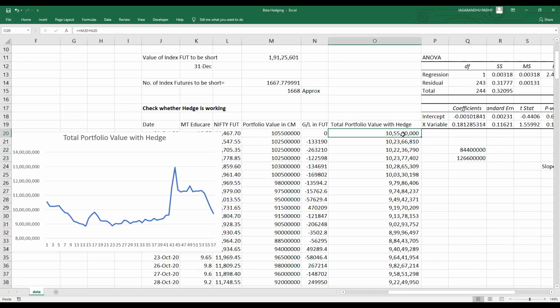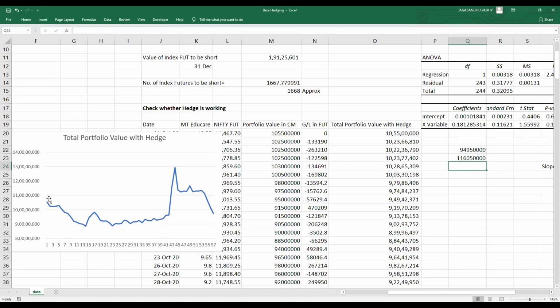But we never take it as 80%. The standard that we use in industry is 90 to 95% hedging. So if I take the same number multiplied by 0.9 and this by 1.1, I can say the value should remain between almost 9.5 crores and 11.5 crores.